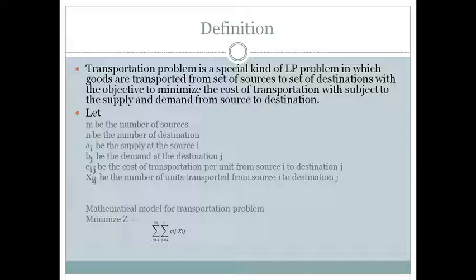The sources are more than one and the destinations are more than one, and the objective is to minimize the cost involved in transporting the products from sources to destinations. So that's the objective of the transportation problem.